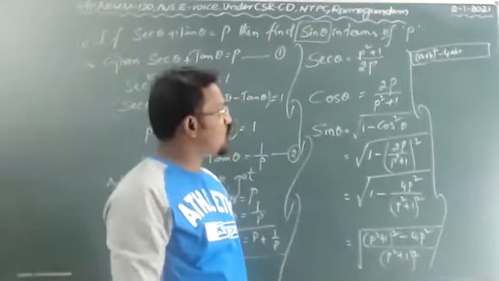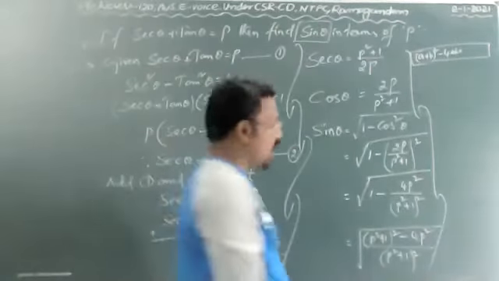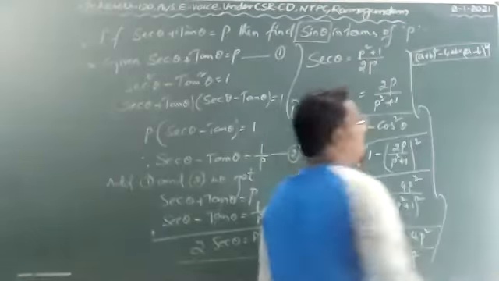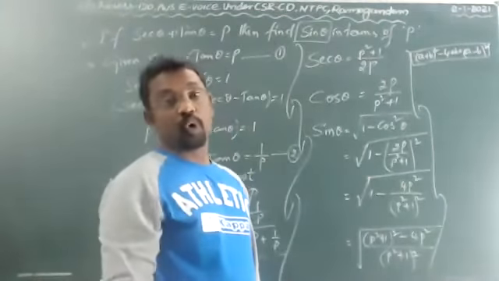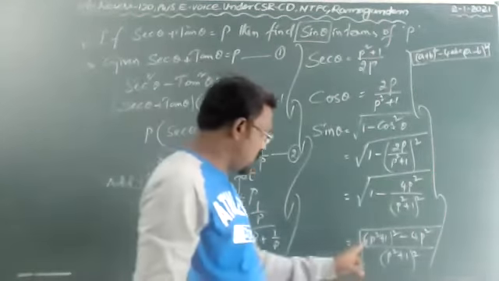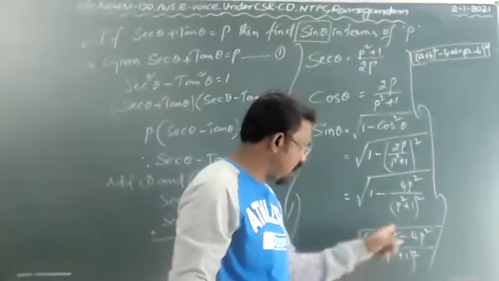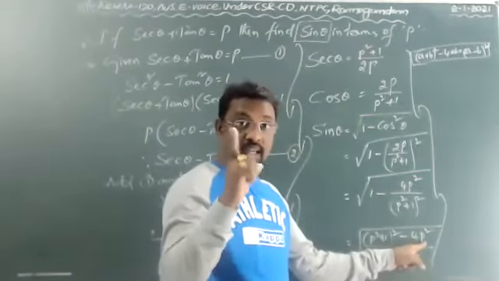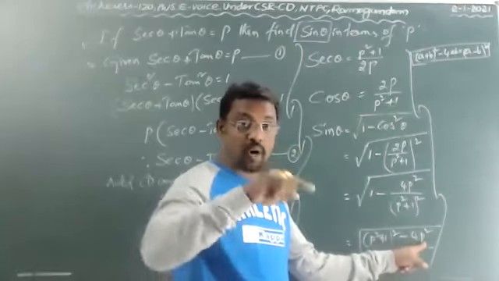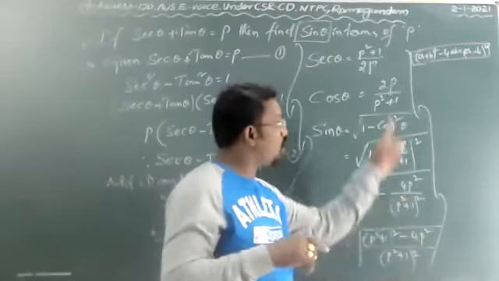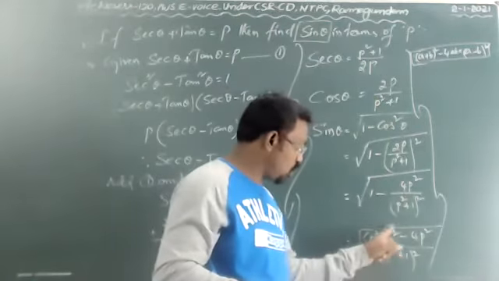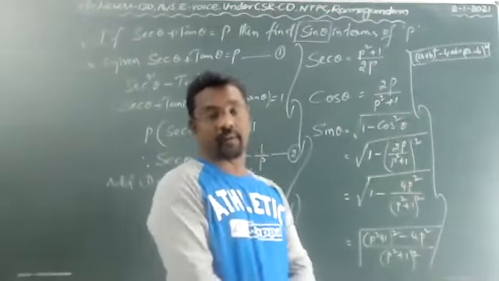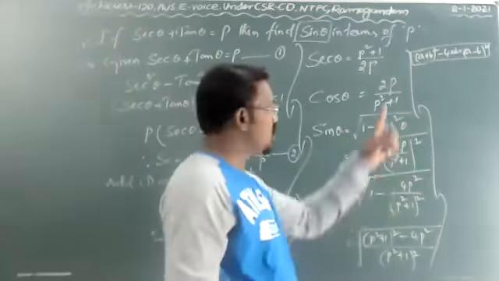A plus b whole square minus 4ab formula is a minus b whole square.